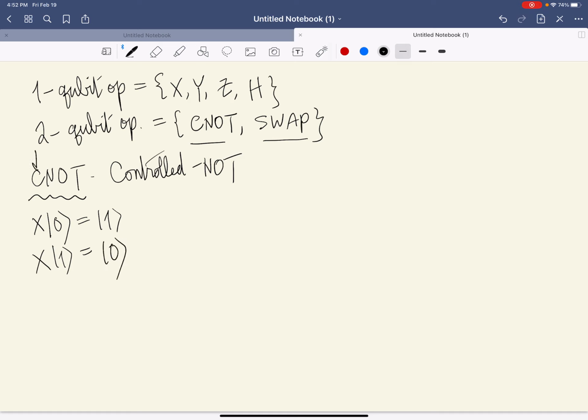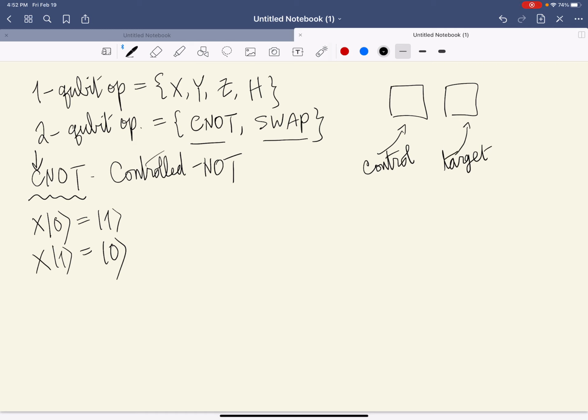But the Cnot operation involves two qubits. One is the control bit, and the other one is called the target bit.